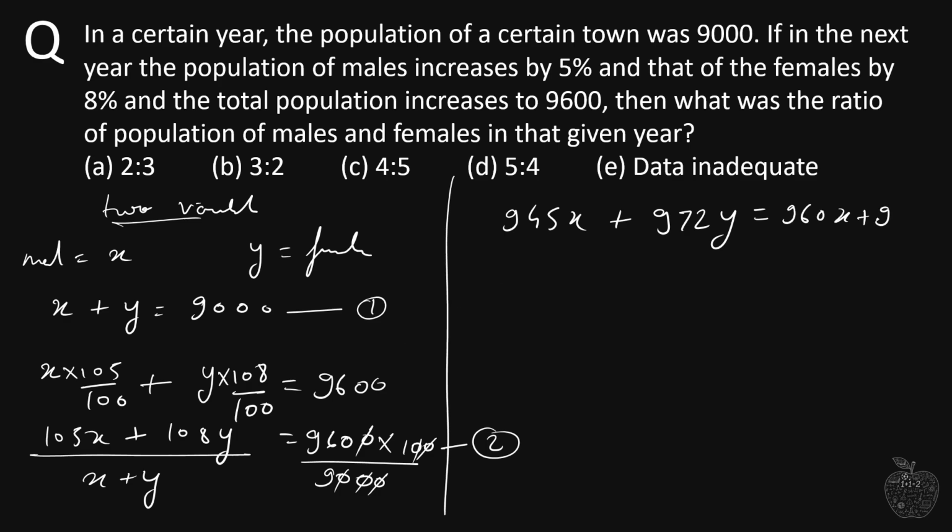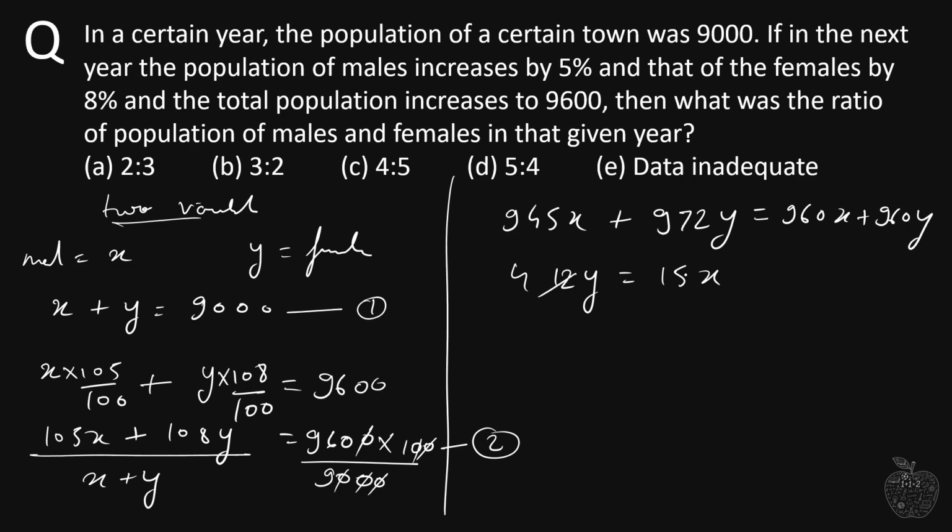Now let's take 960y on the left hand side, so we get 972y minus 960y, which is 12y, equals 945x going to the right hand side, so 960x minus 945x, which is 15x.